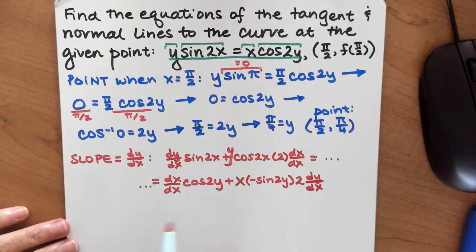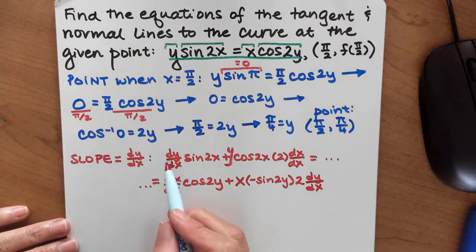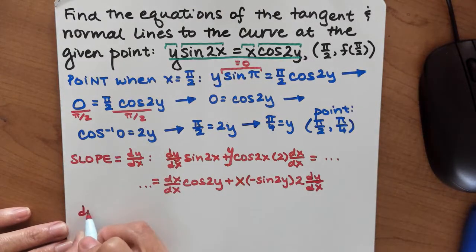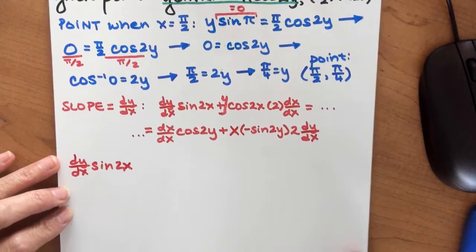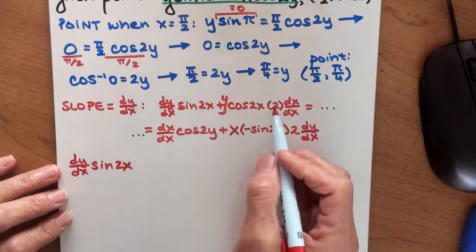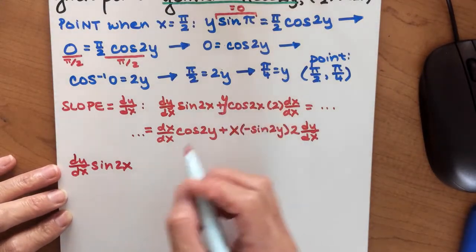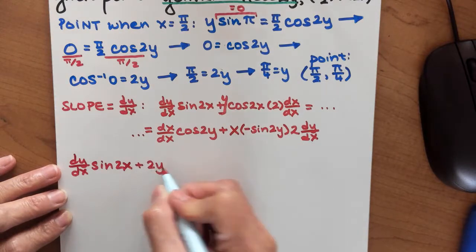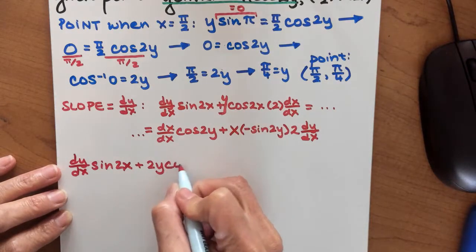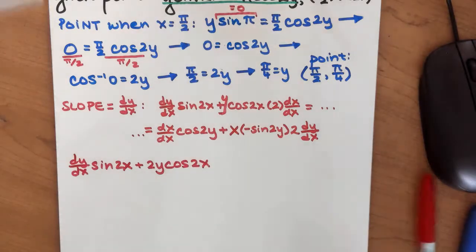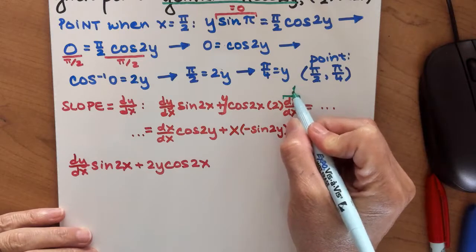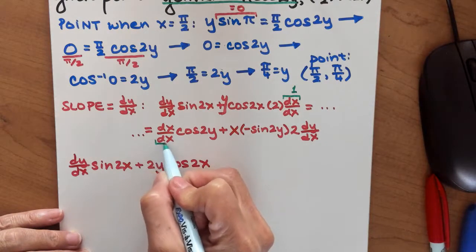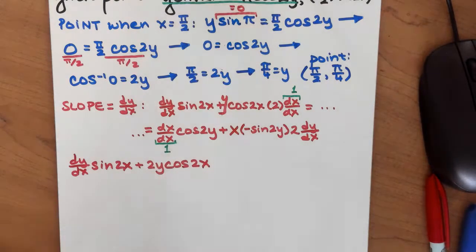Alright, let's clean this up and just write this in one line. So I have dy dx sine 2x plus 2y cosine 2x. Now over here, dx dx, the rate of change of x with respect to x is 1, and that shows up again on the right side of the equation.